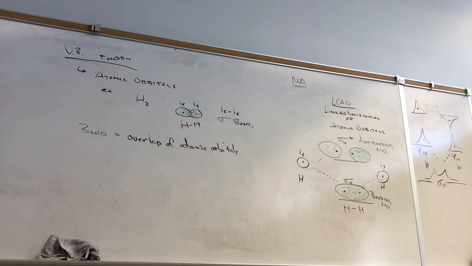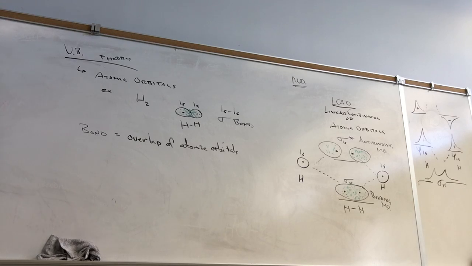And a sigma bond means that there's overlap within the internuclear axis. The internuclear axis, we could draw a line connecting the two nuclei. So there's the nucleus of atom A here, the nucleus of atom B here. And when we look at the overlap region here, we see that there's overlap within the internuclear axis. It's a sigma bond.